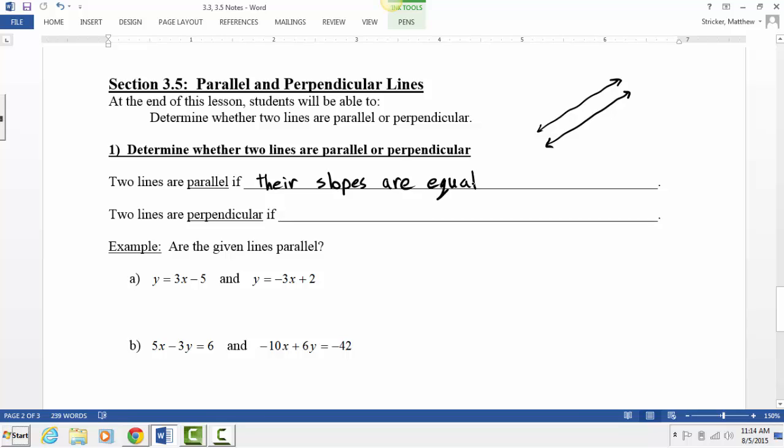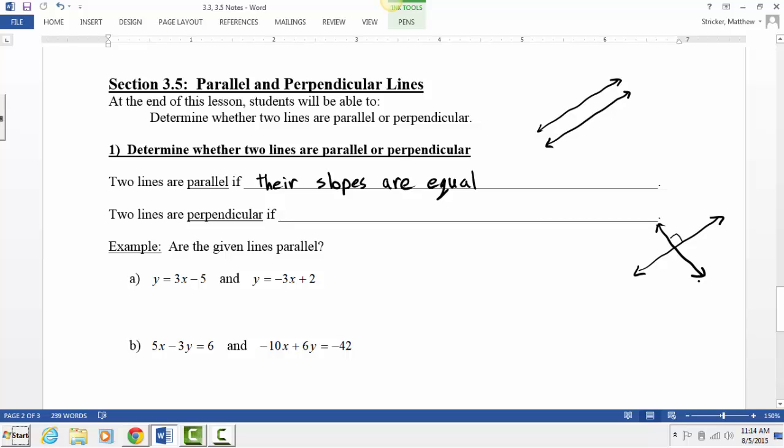Now perpendicular is different. Perpendicular lines are two lines that cross at a 90-degree angle between them. So we use this little box to signify 90 degrees. So those would be two lines that are perpendicular. And one thing you'll notice about these two lines is one of the lines is always going to have a positive slope and one is going to have a negative slope. So the slopes are always going to be opposite signs.